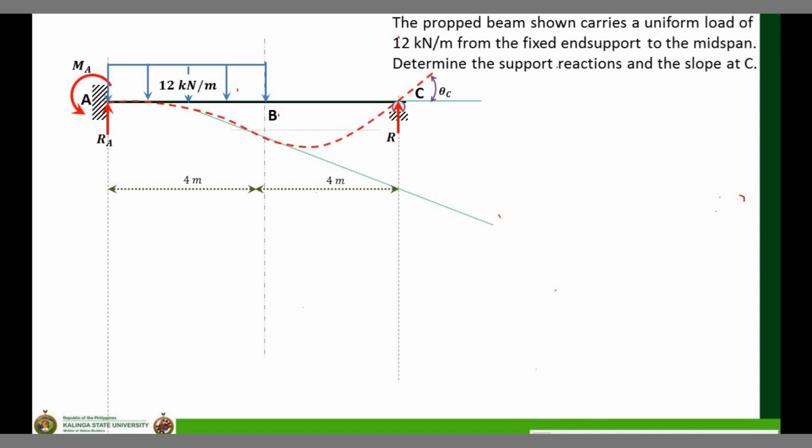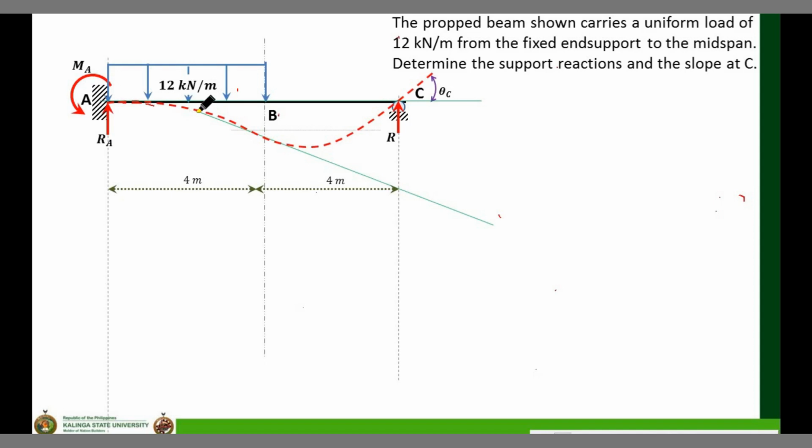If we draw the elastic curve of this propped beam, it will look like this. Again, when the support is fixed, the beam does not curve right away; it stays a straight line at first, then curves at a certain point.